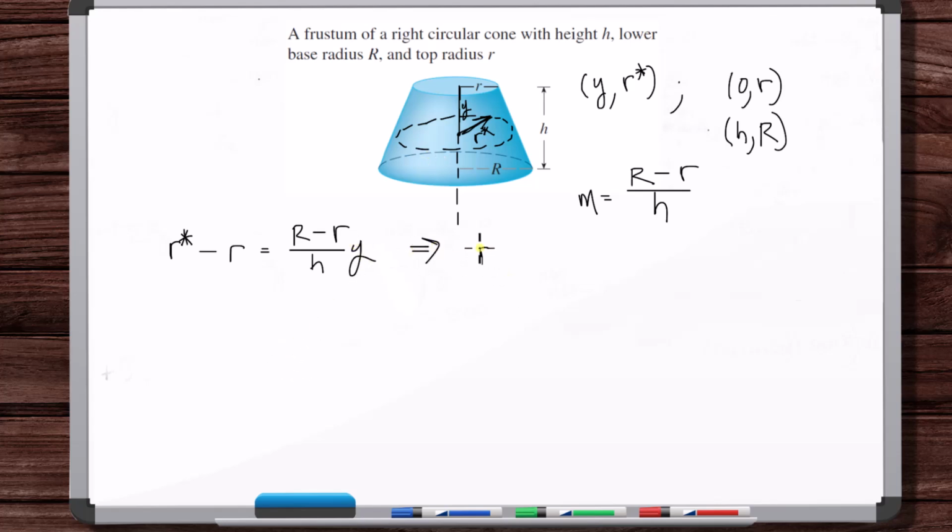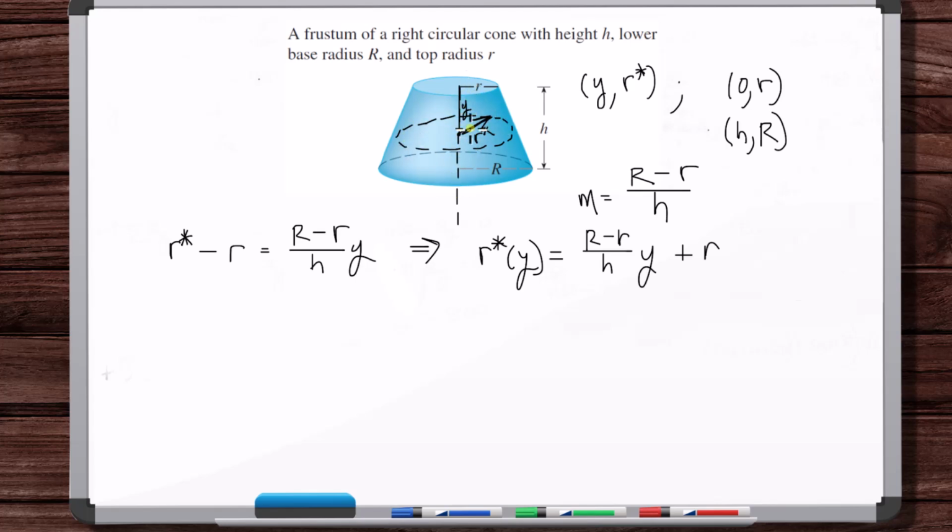Okay, so r star as a function of y is equal to this. And there we go. This isn't the formula we're looking for, but we've got the radius of the circle at each cross section.